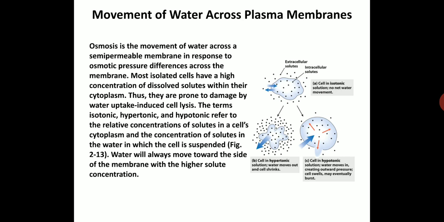The terms isotonic, hypertonic and hypotonic refer to the relative concentration of solutes in the cell's cytoplasm and the concentration of solutes in the water in which the cell is suspended, as shown in the figure. Water will always move towards the side of the membrane with higher solute concentration.